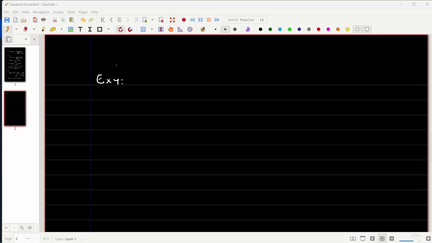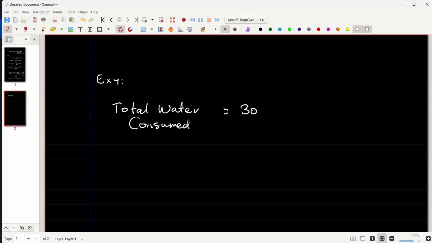So example number 4, we know that we have a total of 300 cubic meters of water consumed. We know on the first 100 cubic meters you're charged 5 cents.